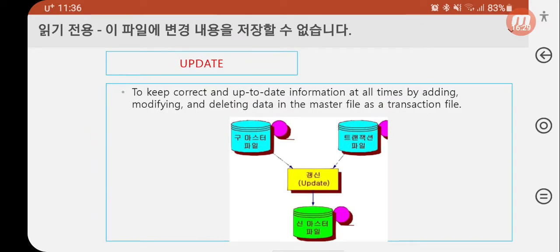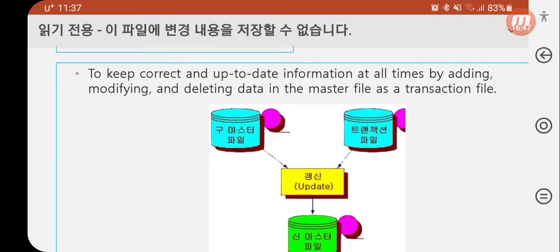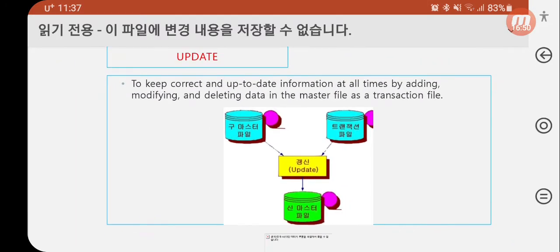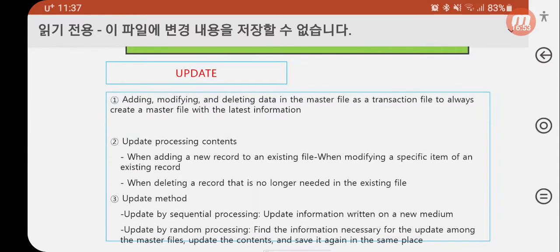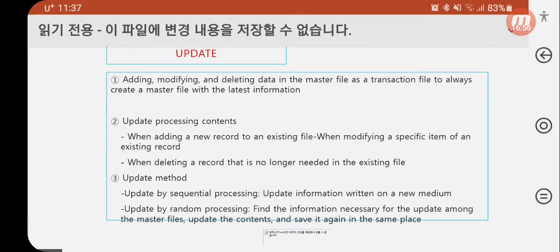Update pattern. It is to keep correct and up-to-date information at all times by adding, modifying, and deleting data in the master files using a transaction file, to always create a master file with the latest information.